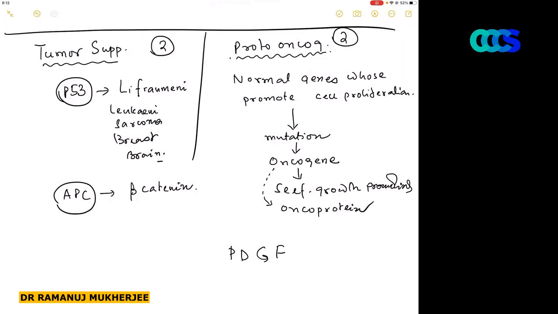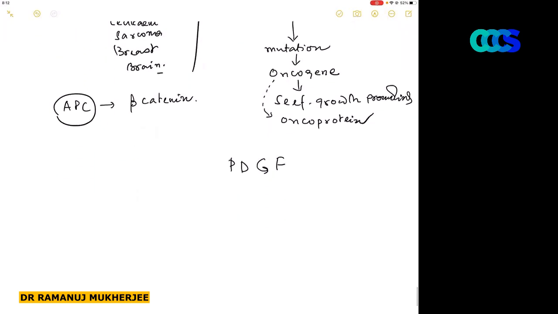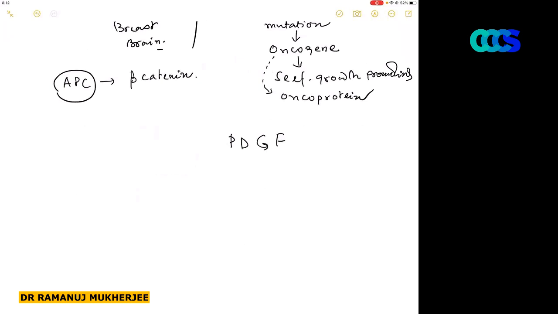Okay. So these are the multiple things to talk about. Can you name some proto-oncogenes, sir? The best example of a proto-oncogene is ERBB1. Remember this very simple name, ERBB1. ERBB1 is the name of a proto-oncogene which encodes something called the epidermal growth factor receptor. Now, epidermal growth factor receptors are normal things. We all need an epidermal growth factor receptor.